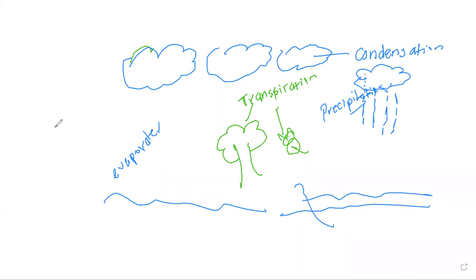Last term, I think, I taught you the carbon dioxide cycle, the nitrogen cycle, and the water cycle. In the nitrogen cycle, I told you that plants receive nitrogen from the atmosphere. There are also other sources.